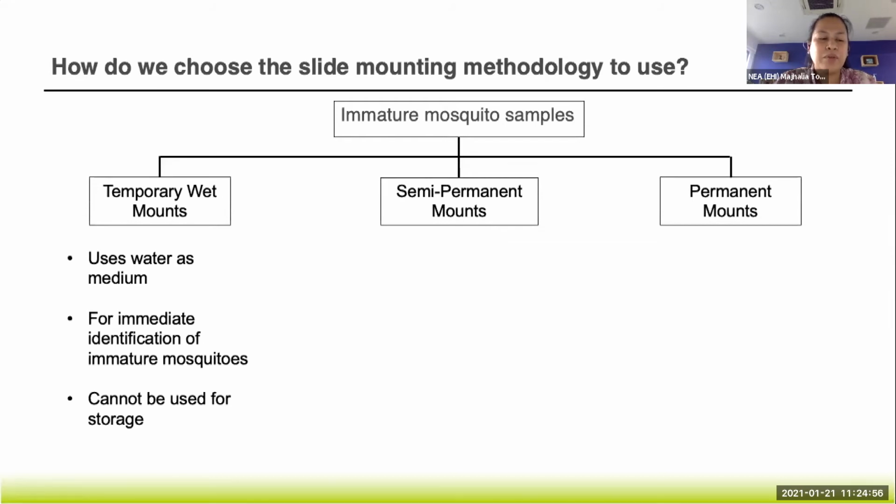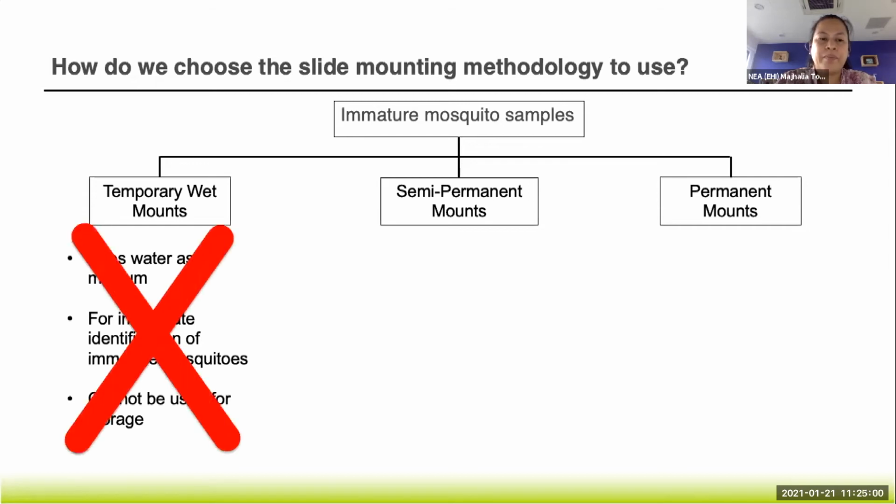Your samples will actually decompose, so it cannot be used for storage. But it's very useful for direct observation, and if you want your results fast, then you can just do temporary mounts. But if you want to use your samples for teaching, or as a record of what you've seen, let's say you found a new species that you've never recorded before, then you can either do semi-permanent mounts or permanent mounts.